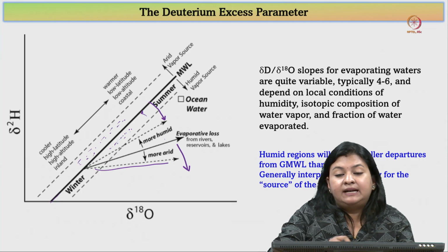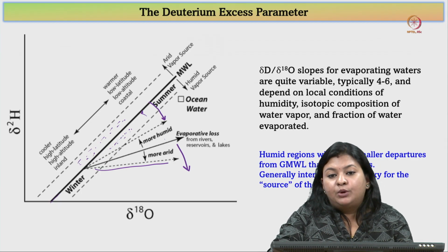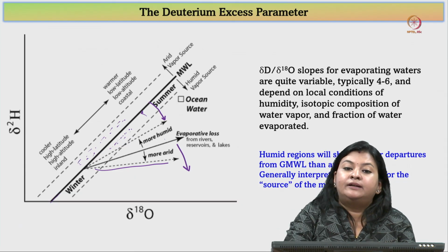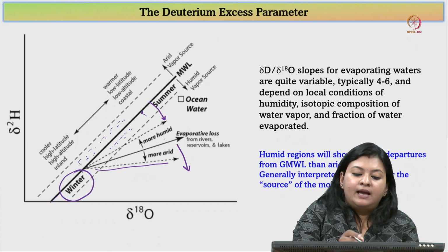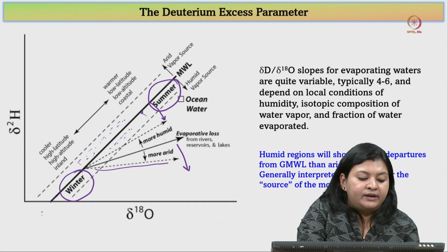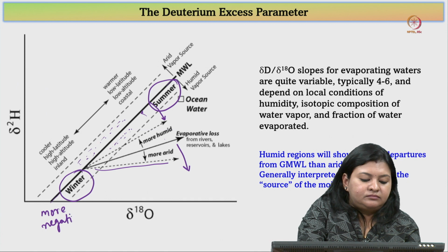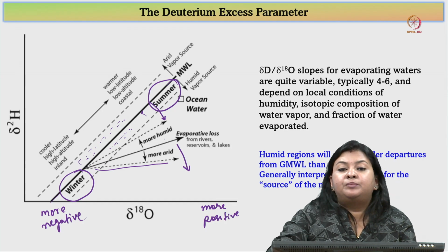Therefore, the delta 18O in the liquid will also be high, more positive as compared to the winter values. So, here you will find the winter data and here you will find the summer data. This is more negative and this is more positive.